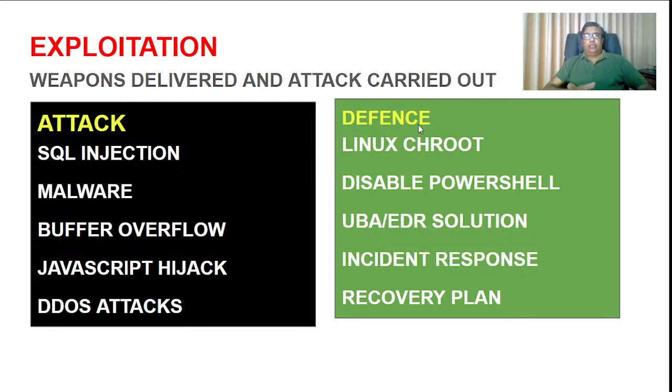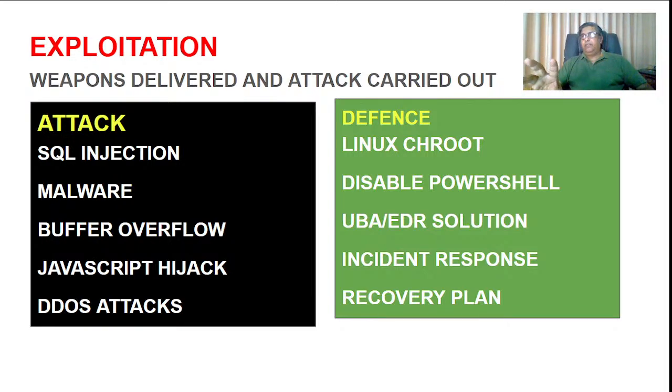And exploitation. It is weapons delivery and attacks carried out. Exploit. You could do SQL injection, malware introduction, buffer overflow attacks, JavaScript hijack. That means your browsers can get hijacked, and DDoS attacks. You could convert your network to a botnet to attack somebody else. In Linux, they have this chroot.